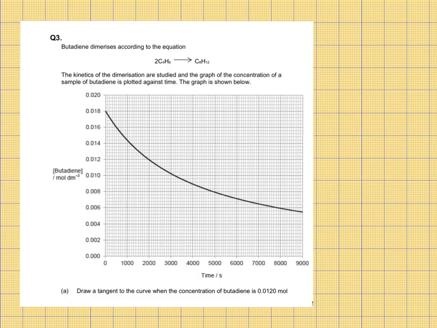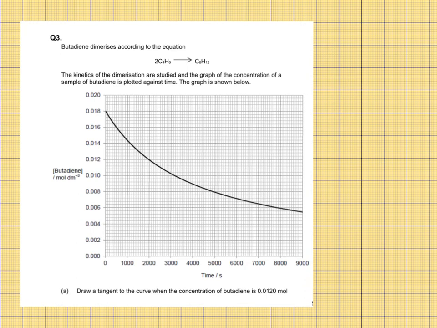Often, kinetics questions will give you actual experimental data to analyse. So in this question, question 3 from your booklet, you were given butadiene dimerizing, given this equation here. Now, even if you know nothing about the molecules and the reactions, that doesn't matter.